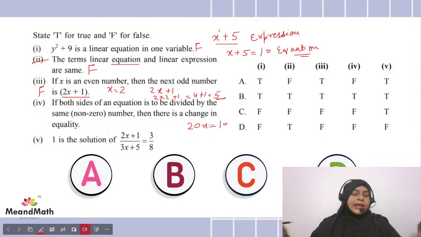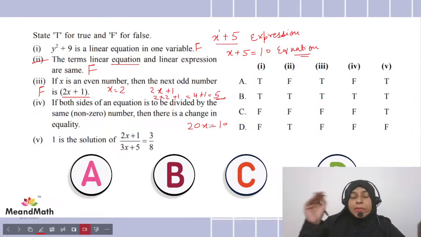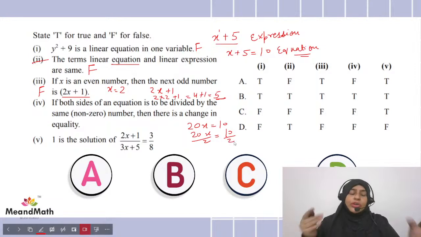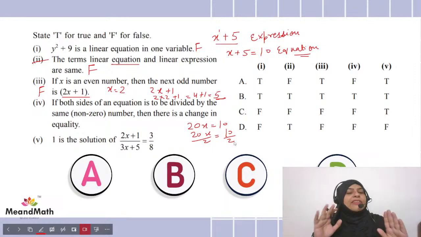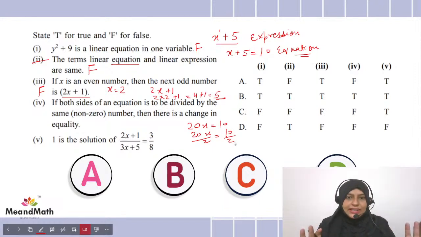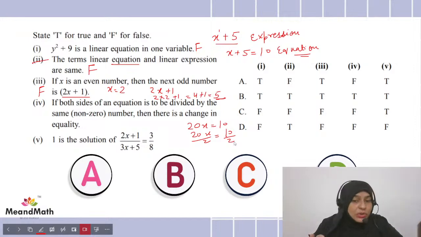Now, if I divide this equation by the same number on both sides, suppose by 2, then 20x divided by 2 is equal to 10 divided by 2. We know that if we divide by the same number, there will be no change in equality.